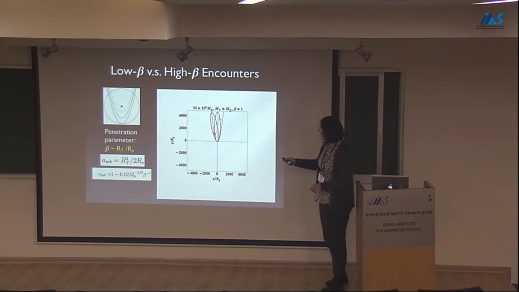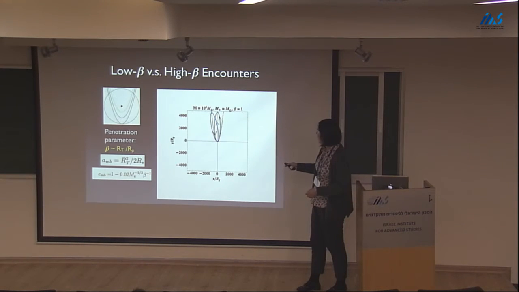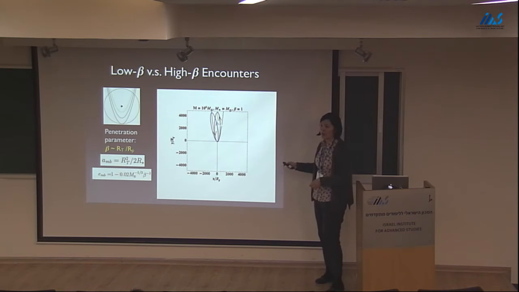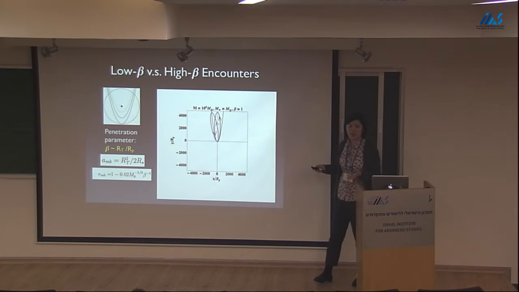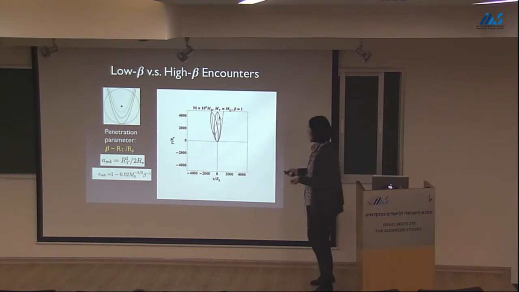After the head of the tidal stream falls back and passes very close by the black hole, it gets some GR apsidal precession and is deflected on the way out and is going to collide with the trailing part of the tidal stream. And that is why you see the collisions in all these wonderful GR simulations, as people have shown yesterday.